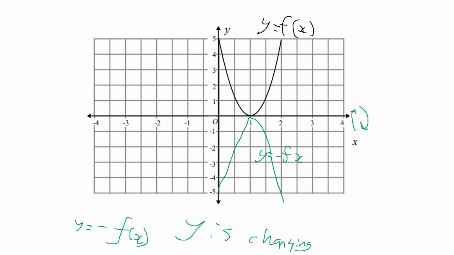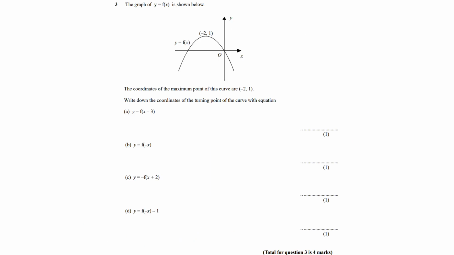But let's look at an example. Let's say we have something like this. This graph has equation y equals f of x, and we're told the maximum point of this is minus 2, 1. How are we going to find the coordinates of the turning point with equation y equals f of x minus 3?